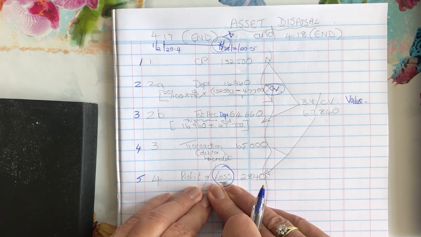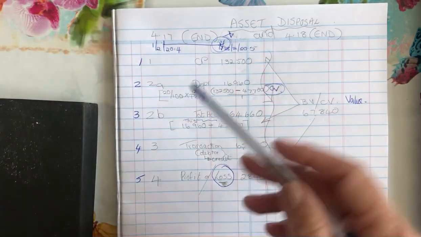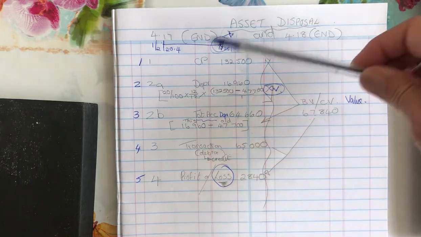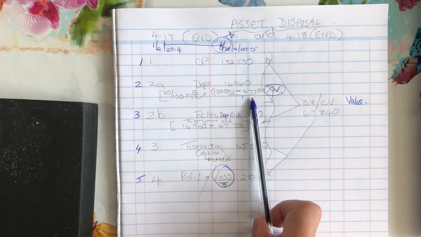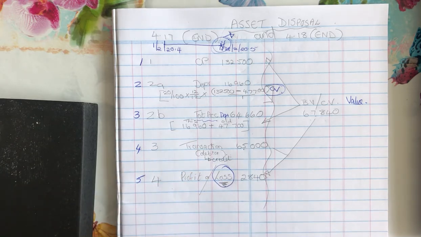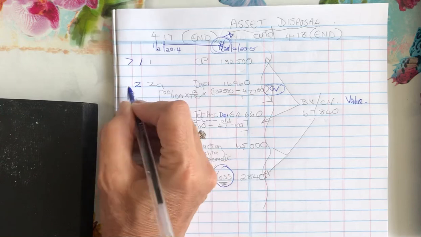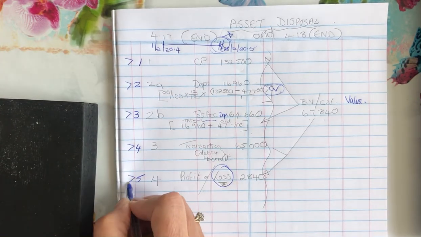So when you start an exercise from now on and it's an asset disposal or any adjustment, and you see it's an asset disposal, I want you in future to write down this block. 1, 2, 3, 4, 5, and then we're going to renumber them and fill in the amounts before we do the double entry. And now I know for each one of these I have a double entry that I need to show.